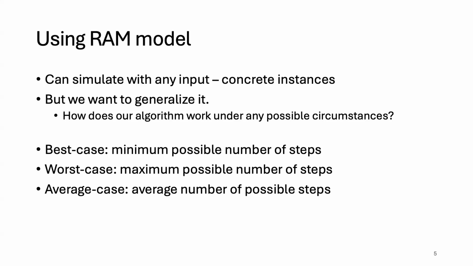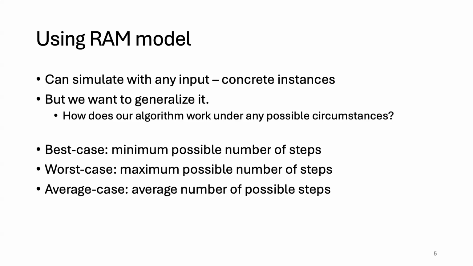We can come up with concrete examples and test our algorithm with it and see how long does it take. But the idea is we want to be able to generalize, where that's where the abstraction comes in. We want to see how does our algorithm work under any possible circumstances. We can come up with concrete examples, but we want to prove the general case.